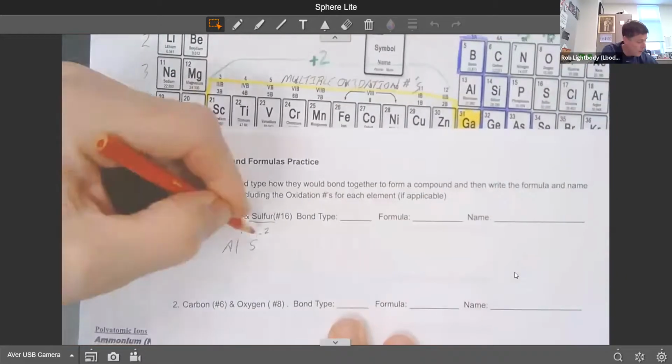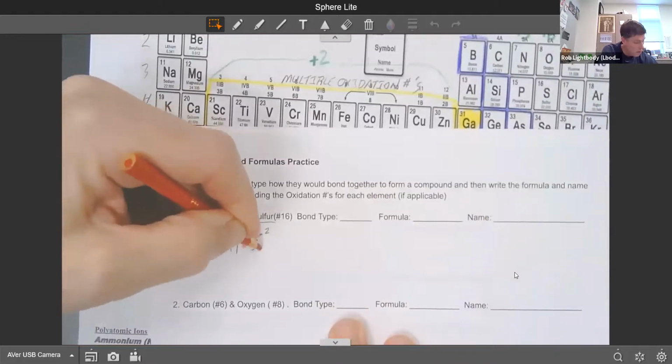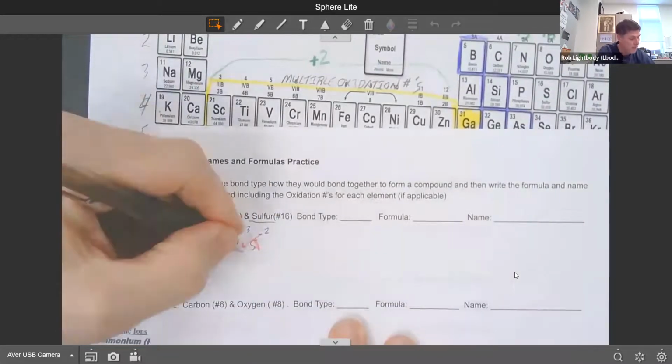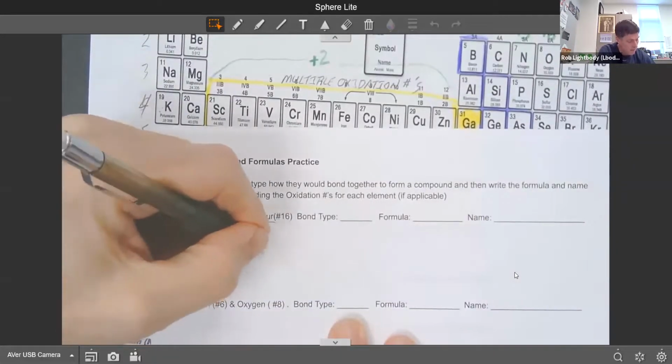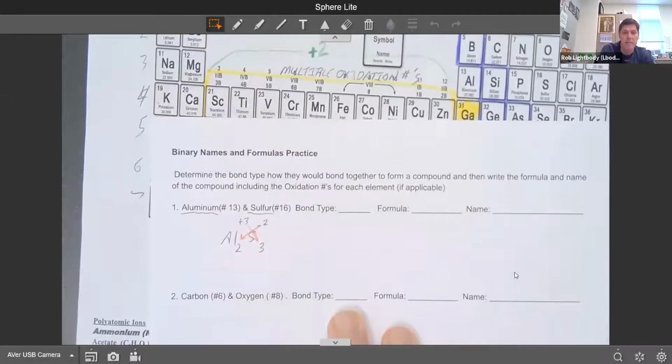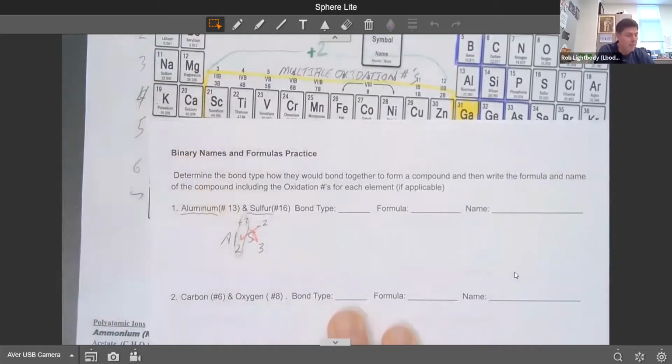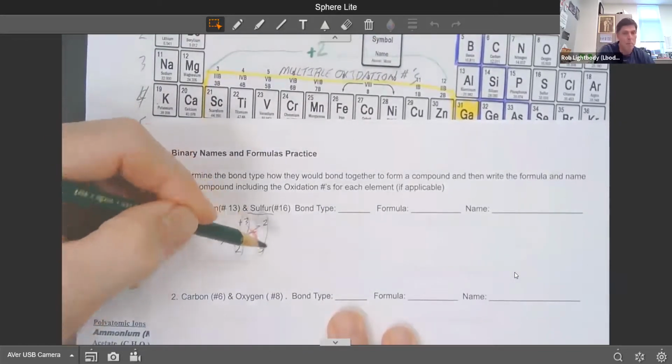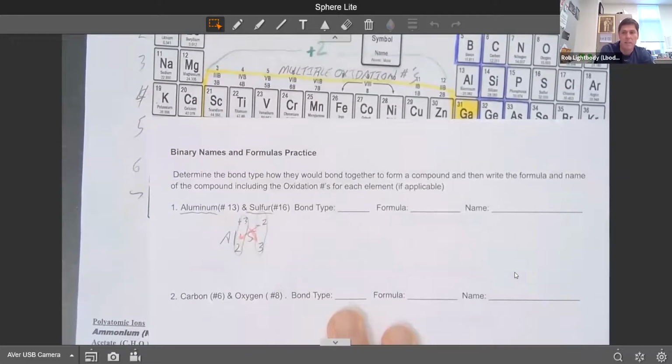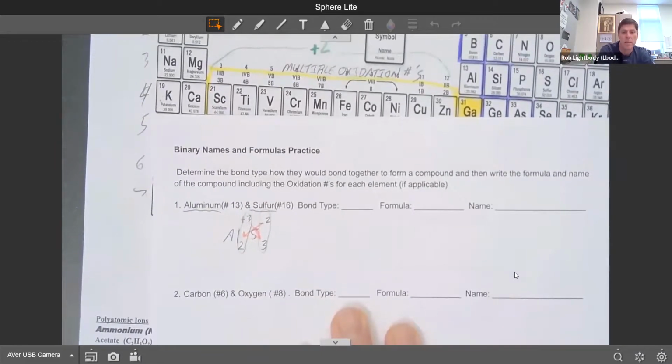Hopefully your teacher covered that with you. We cross down the numbers. So we'd end up doing that. And a way to verify: whatever that times that is has to be the same number as that times that. Electrons lost have to equal electrons gained.